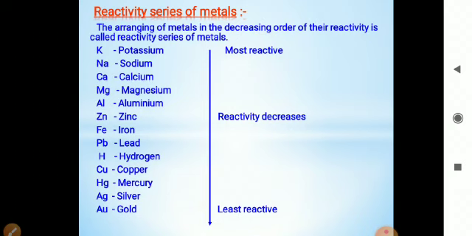Potassium, sodium, calcium are the most reactive metals. The middle order is aluminium, zinc, iron, lead, and the least reactive are silver, gold, mercury. So why are some more reactive and some less reactive? Because metals which lose electrons faster become more reactive and acquire a higher position in the reactivity series, and metals which lose electrons slower are less reactive.